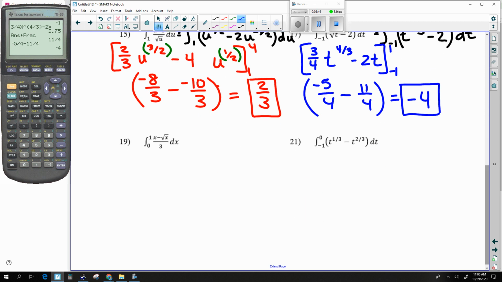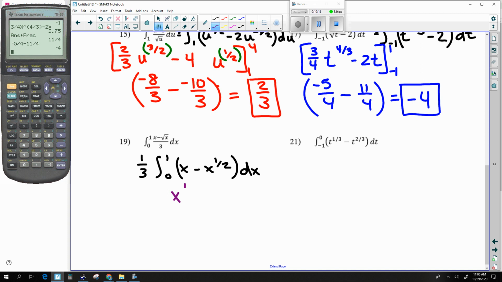All right, here, again, what I can do is I can take a 1/3 out. You can take constants to the outside. But note that this 1/3 is going to stick around to the answer.